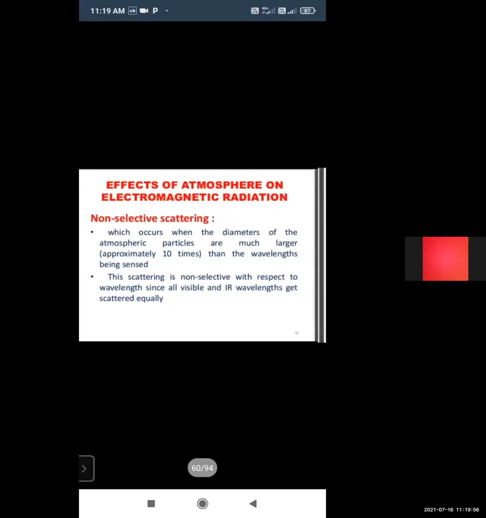If the particulates present in the atmosphere are very large compared to the wavelength of electromagnetic radiation, in that condition non-selective scattering occurs.